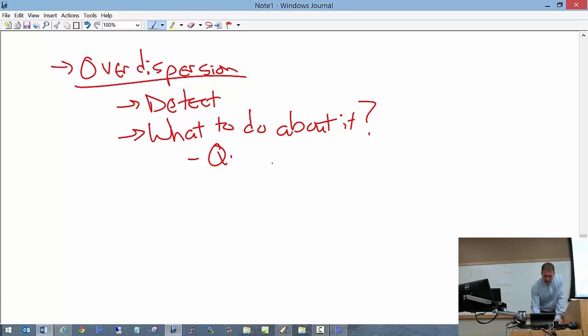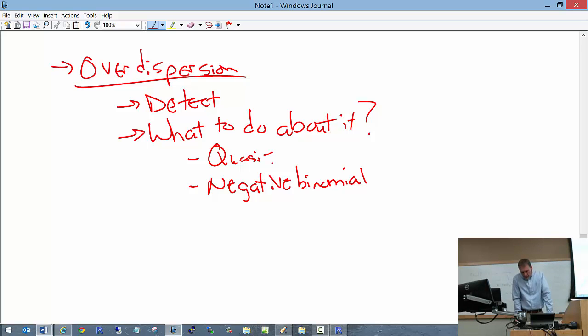A quasi-Poisson or quasi-binomial model. And with respect to count responses, we did a negative binomial model. We also talked about the beta binomial model as well.